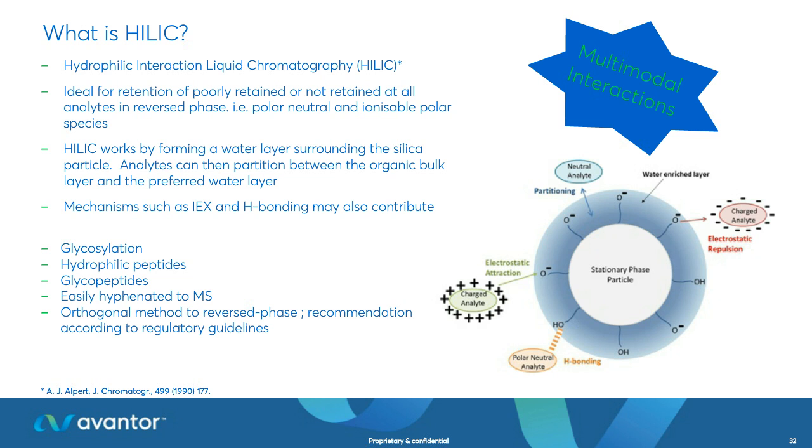And it is more mass spec friendly than ion pair. It does have a long equilibration time, but so does ion pair chromatography. There has been a lot of work trying to get HILIC to work for oligos as well, but that's not quite there yet, I think.